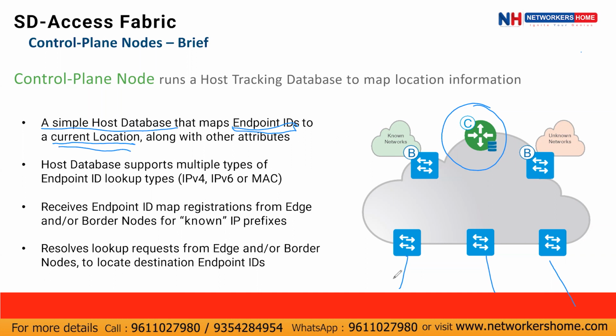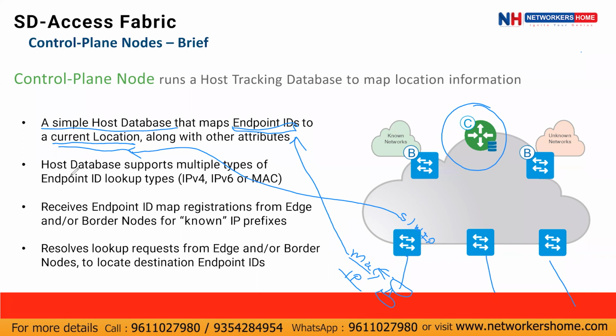Now, what is the location for this endpoint? The MAC or the IP would be its endpoint ID, and this switch IP would be the current location of this specific endpoint connect.